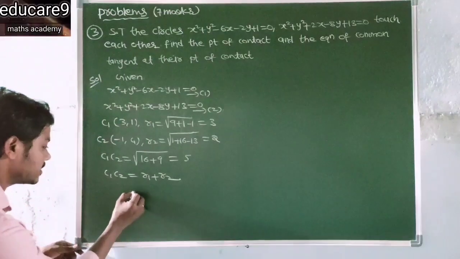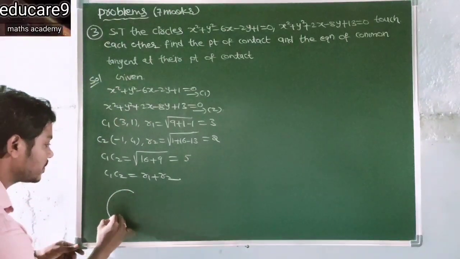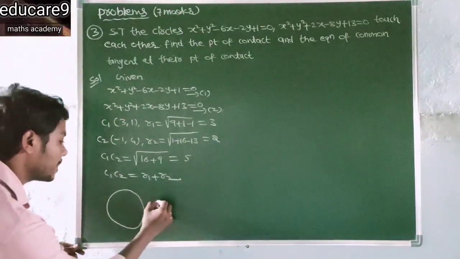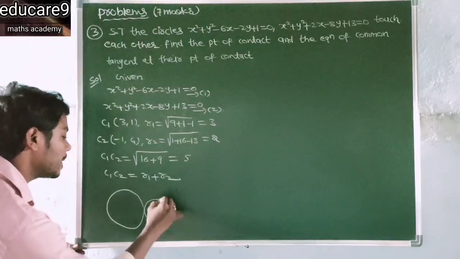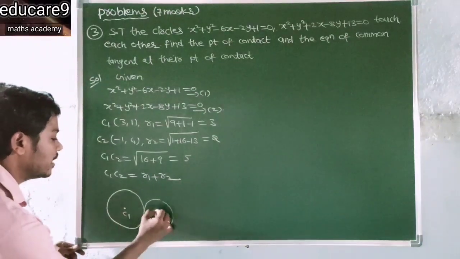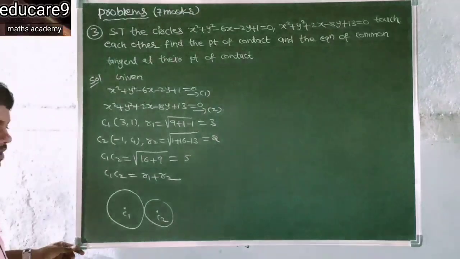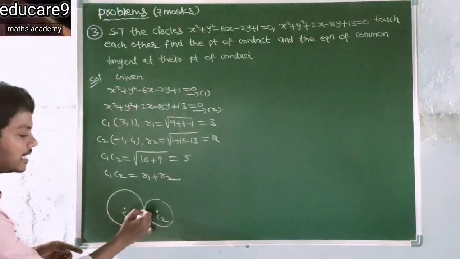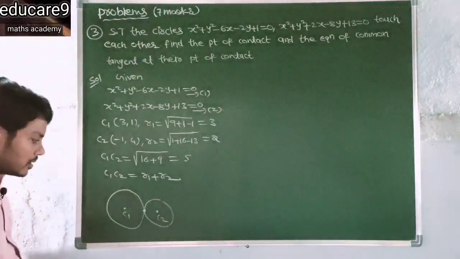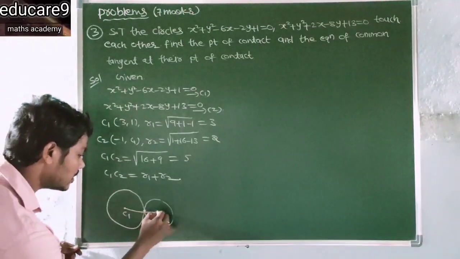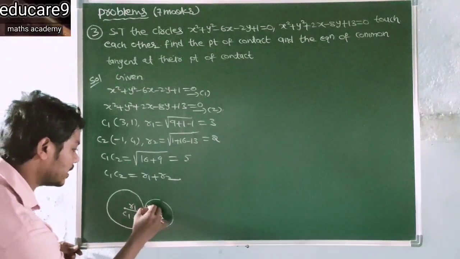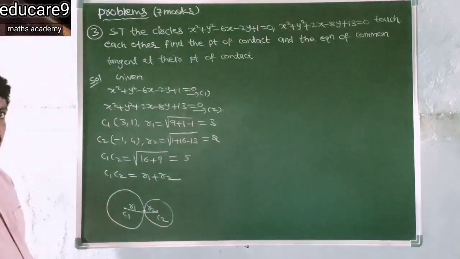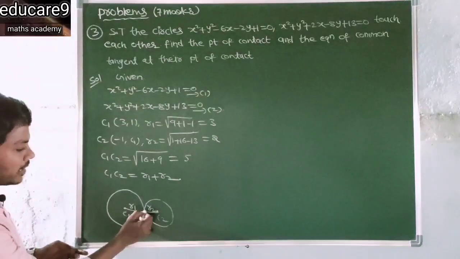So here like this. So this is C1 and this is C2. So clearly both circles touch each other. So this is R1 and this is R2. Now find their point of contact.